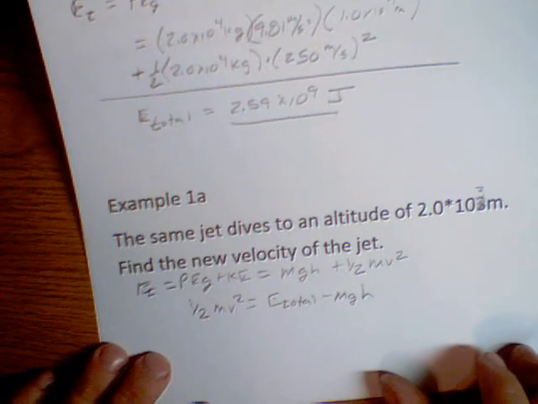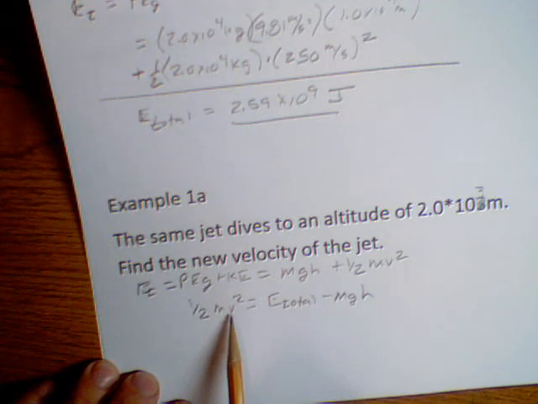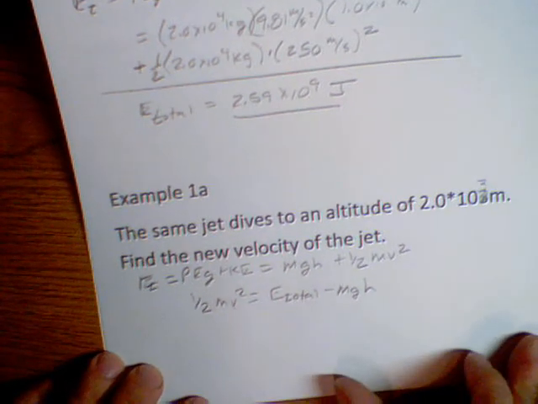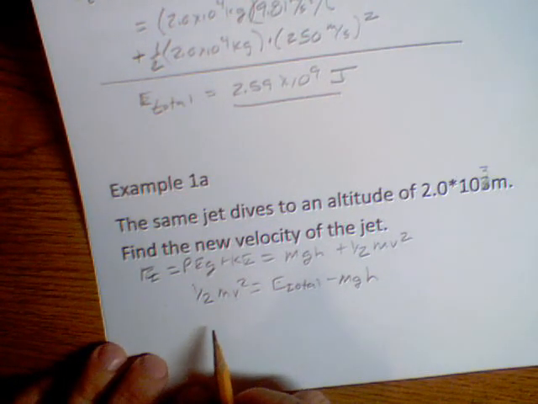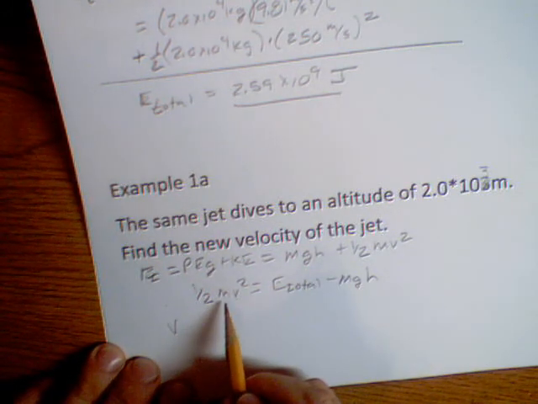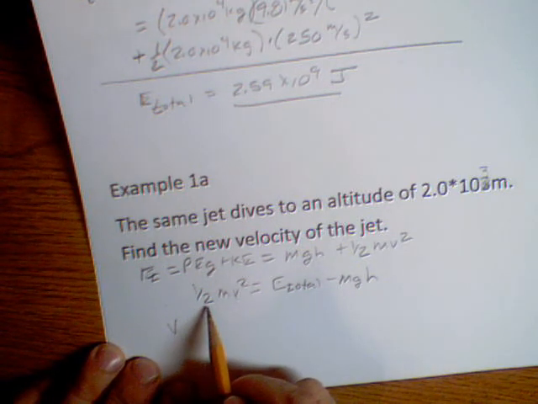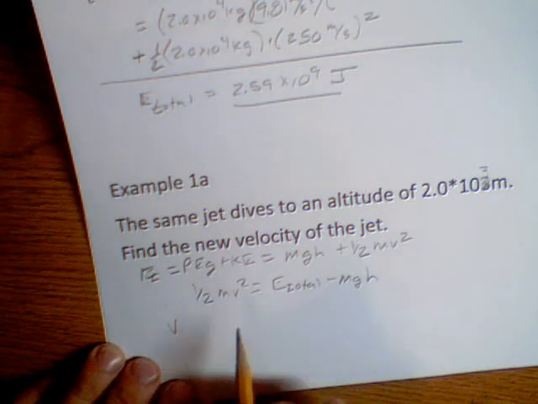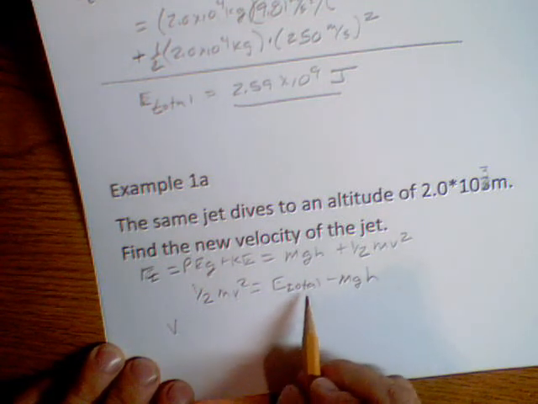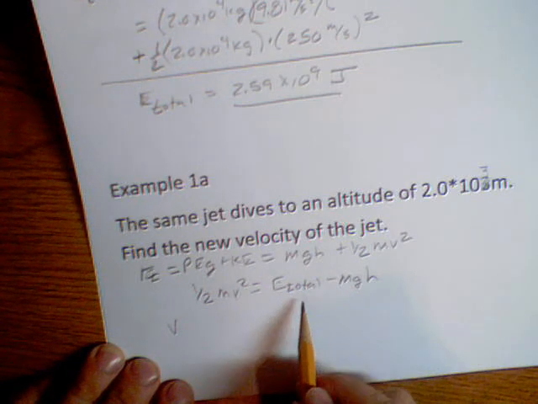Gravity. Okay, so what we want to do is solve for velocity. In order to solve for velocity, we're going to have to get velocity by itself, which means we're going to have to multiply both sides by 2, and then take the square root, and then divide by mass, so that we can get mass over on this side.